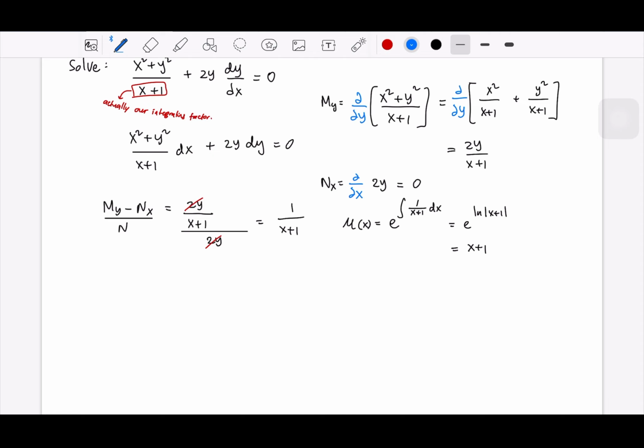It's up to you which method you prefer, unless the question asks for a specific method. If it is not asking for any specific method, you can choose which method you prefer.